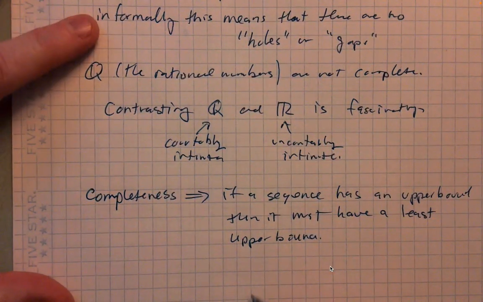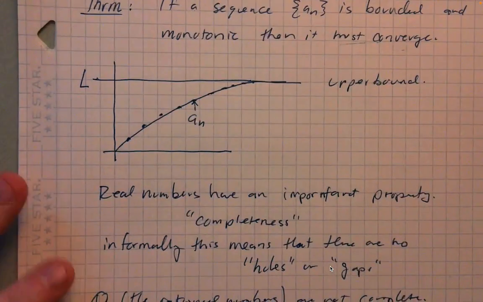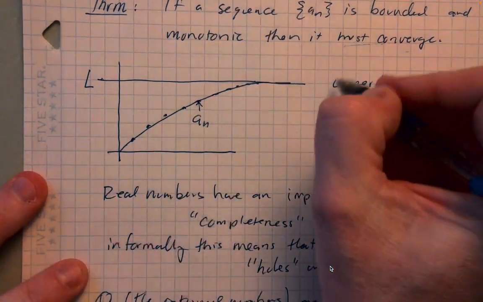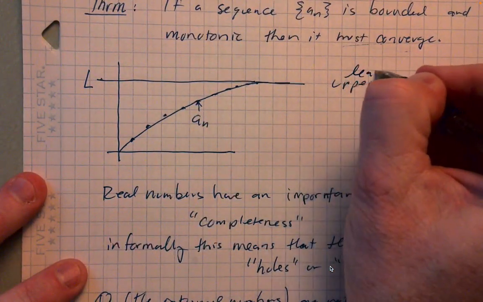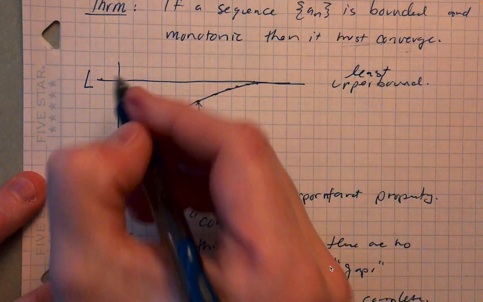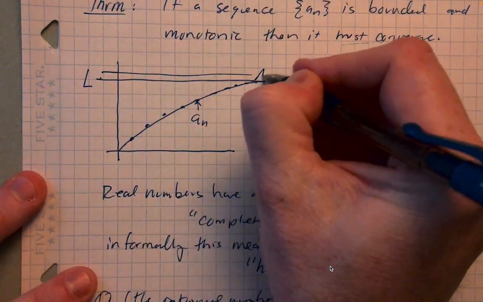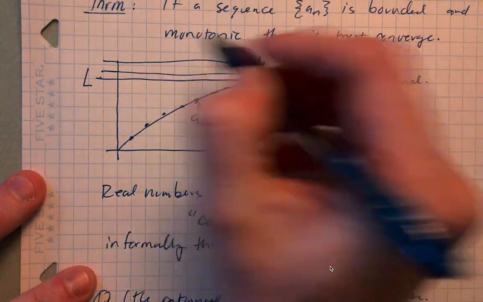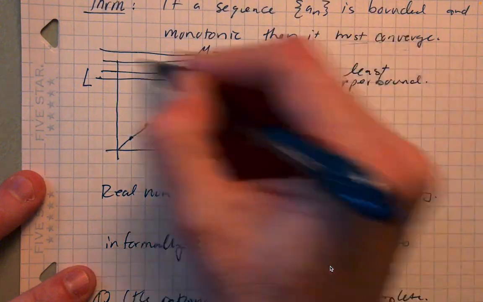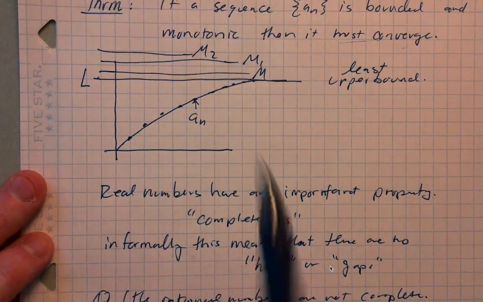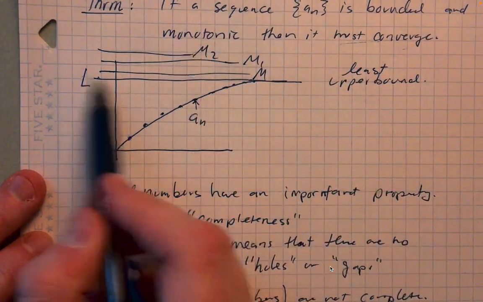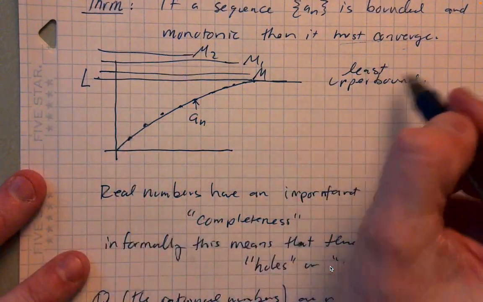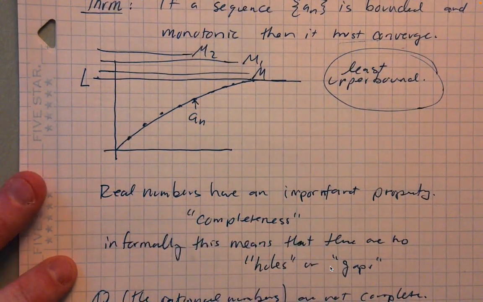So in our example up here, we said that L is the least upper bound. I said it, I didn't write it. But you can imagine there are lots of different upper bounds. There's M, and then there's another one above that, and there's an infinite number of them, isn't there? Just keep going and going. But there's going to be one in particular, one value that is the least upper bound.